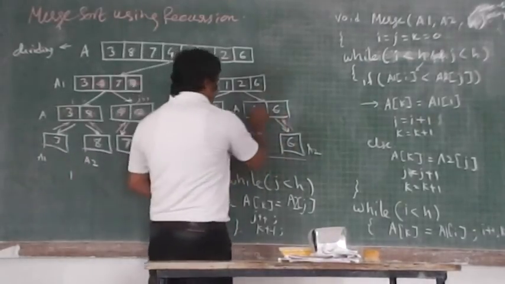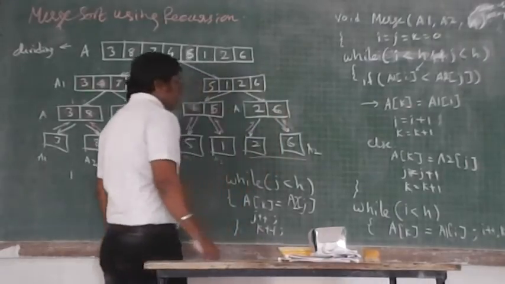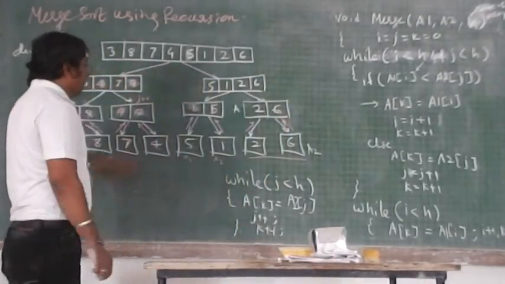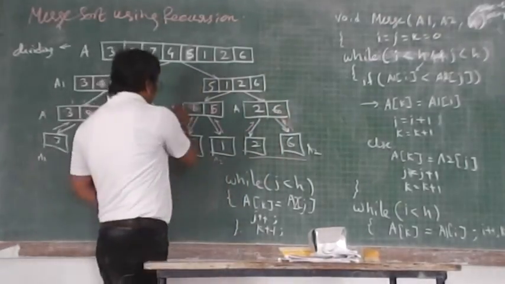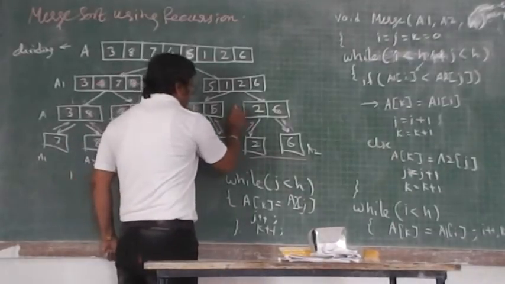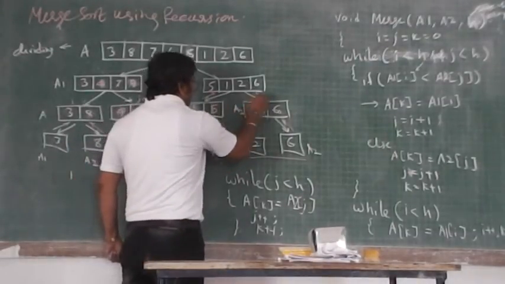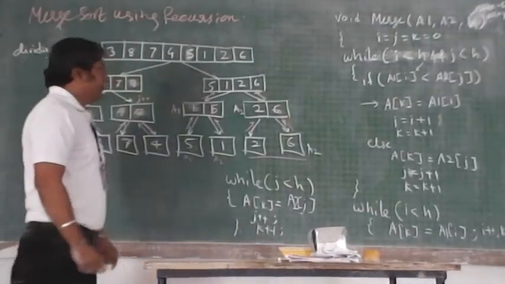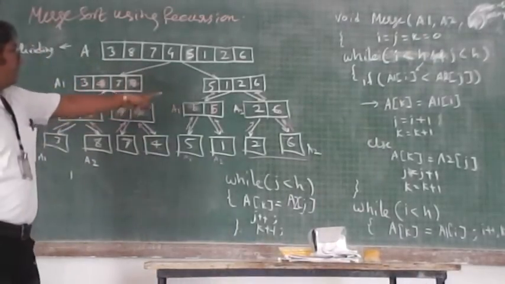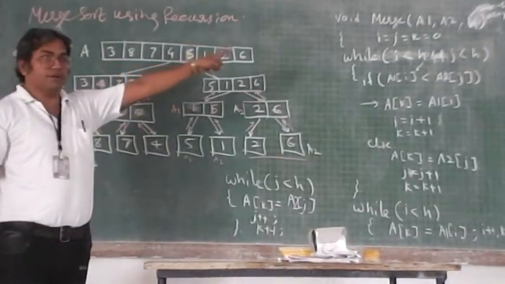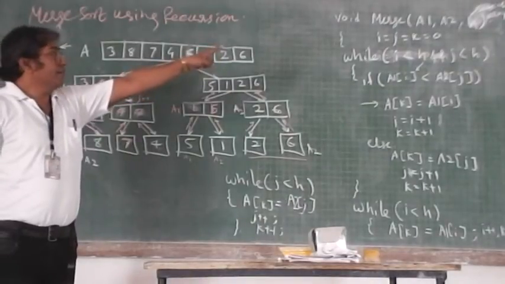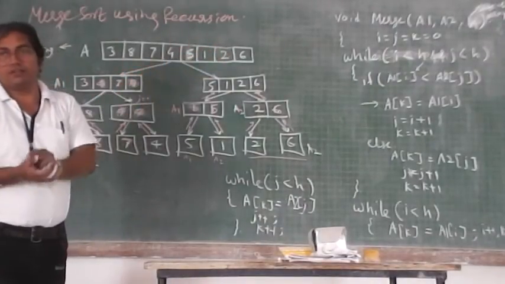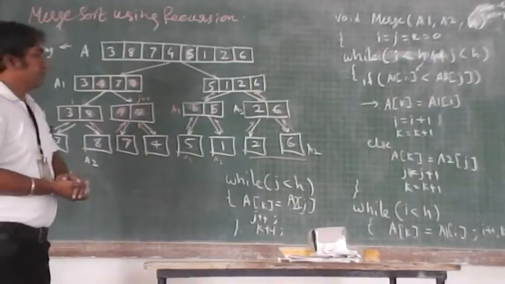So I got the parent array as sorted. Further, I consider this as A1 and this as A2 now, and I merge them into 2. So again this A1 and A2 I pass to that merge algorithm. In this case, what is the value of h? What is the value of h?